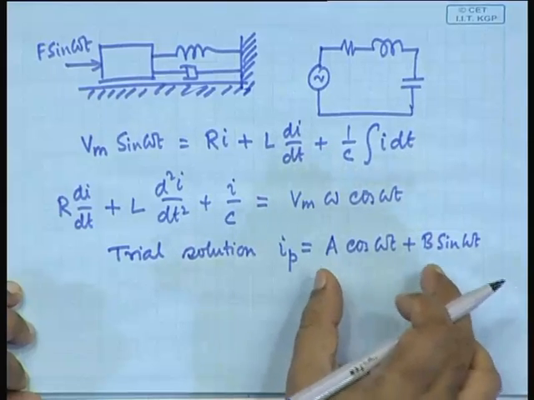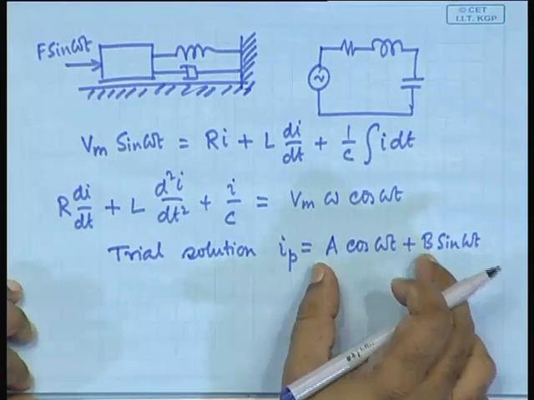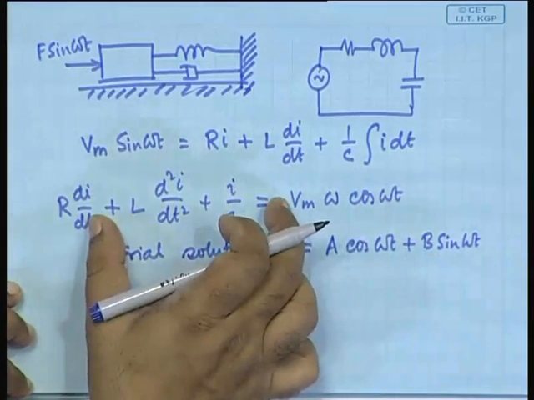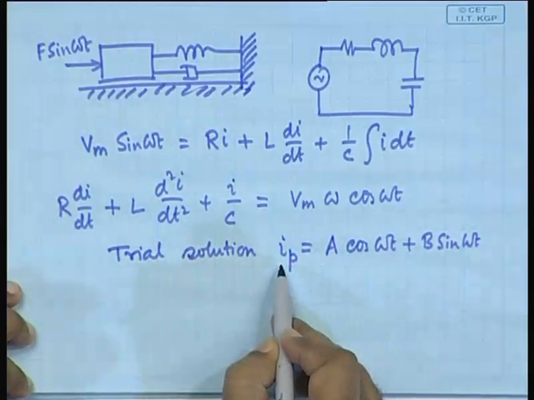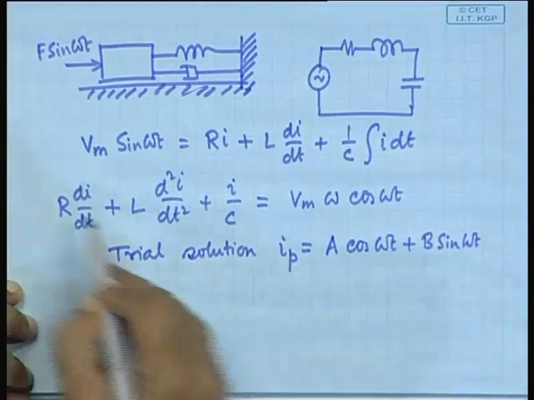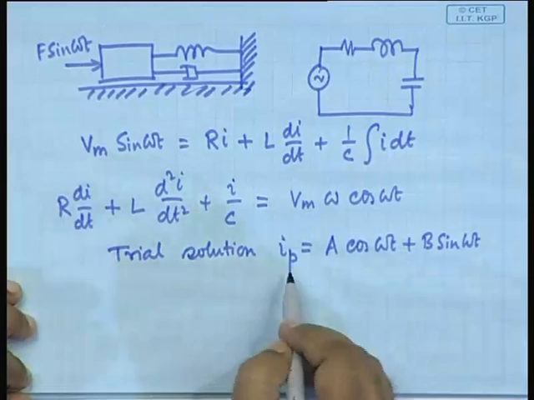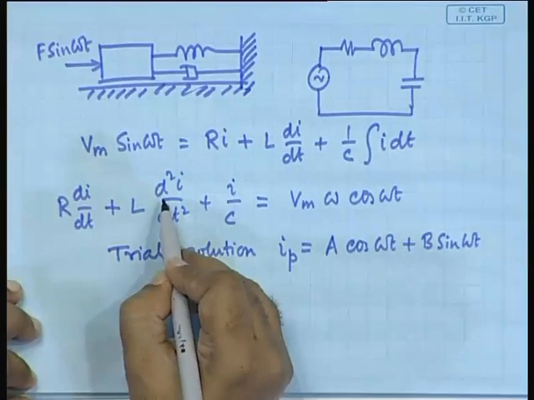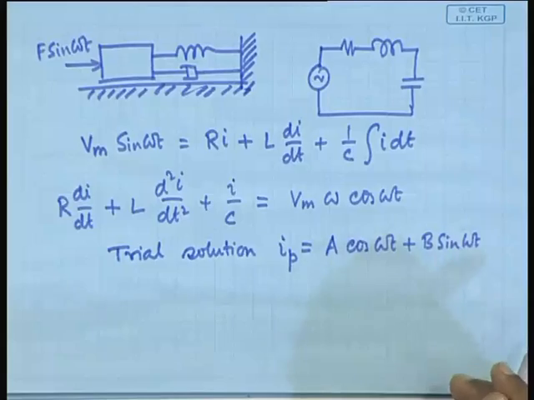How would you obtain these values a and b? Simply by putting it here. So, we will first obtain from ip, which will be substituted here. You have to first obtain dip dt, which will be substituted here, d2i dt2 will be substituted here. So, write down these two and substitute it here, and thereby you will obtain the result.